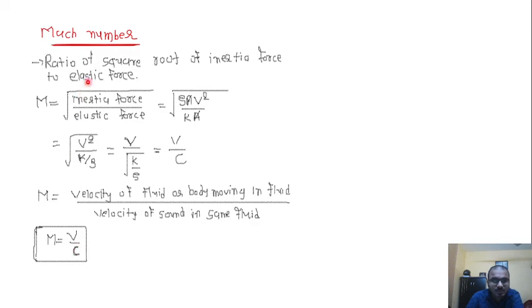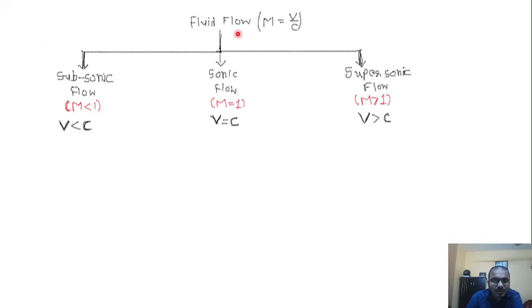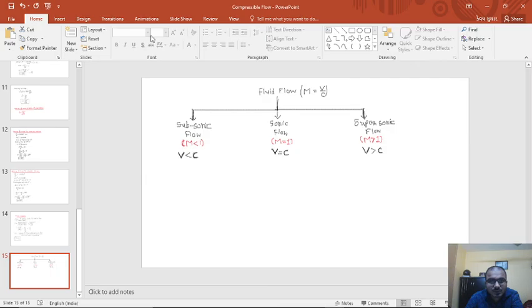And the last topic that we discussed is Mach number, where from the ratio of inertia force to elastic force, we obtained it as the ratio of velocity of fluid to velocity of sound in the same fluid, and here is the classification based on the Mach number, that is subsonic flow, sonic flow and supersonic flow. So this is the end of today's lecture.